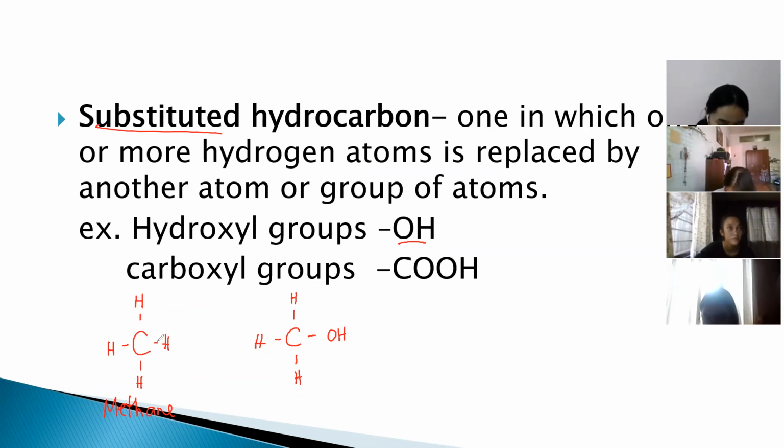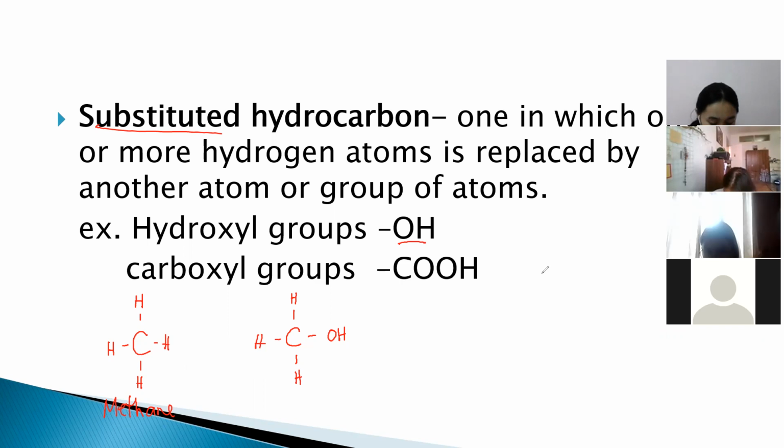So ito lang yung structure ng methane gas natin, carbon and 4 na hydrogen. Pag nag-substitute na tayo, actually, this will not be called totally a hydrocarbon because of the presence of oxygen there, but substituted lang siya kasi you still have the carbon and the hydrogen. This time, we call this the methanol. Yan.